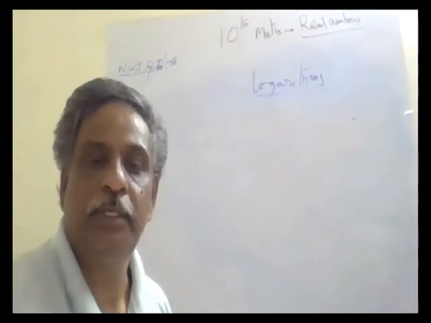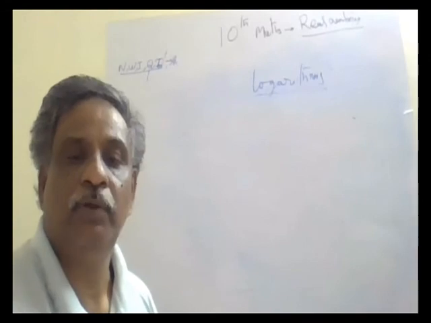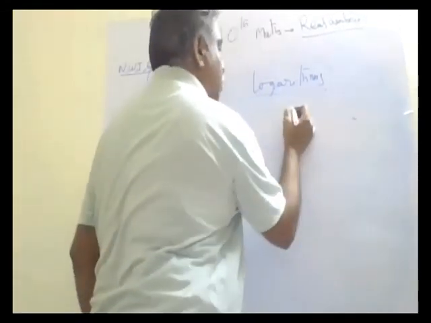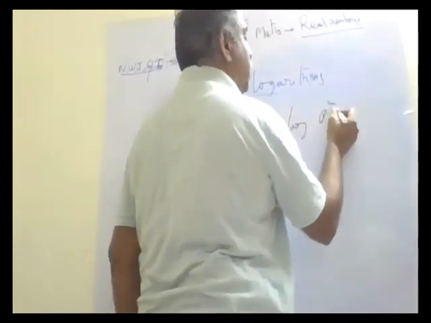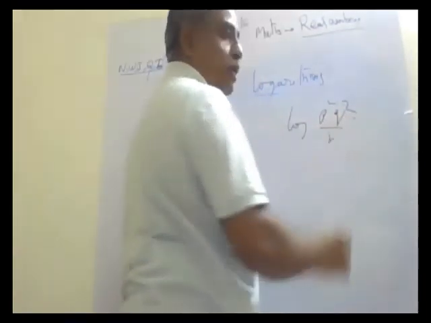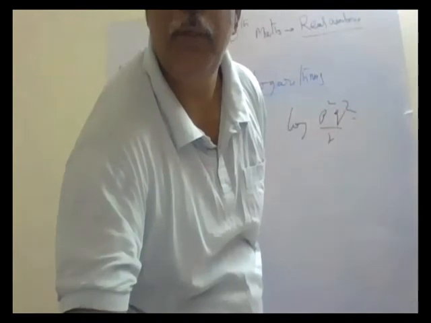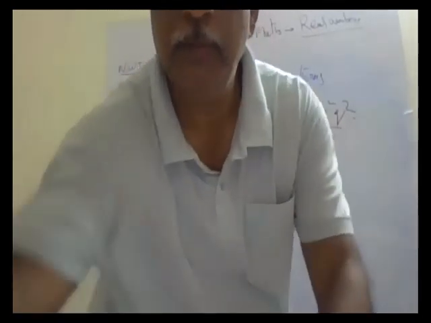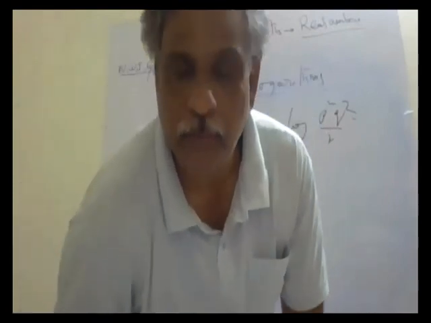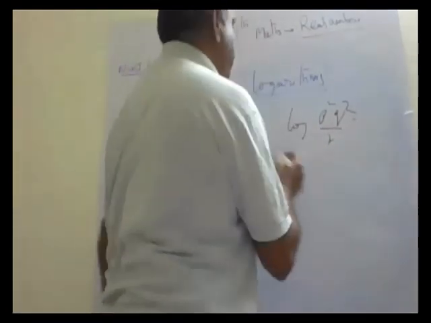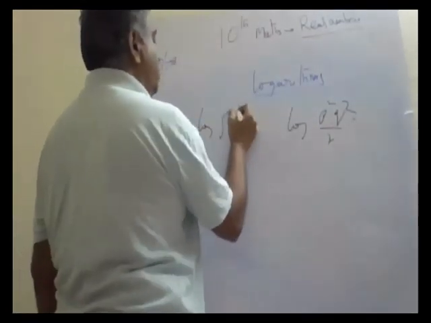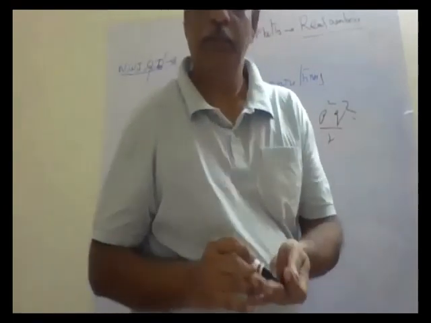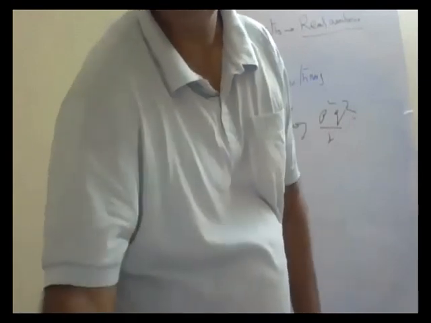So this we have done. Now let us expand the following: log of p square q cubed by r. That's the other one: log of square root of x cubed by y square.